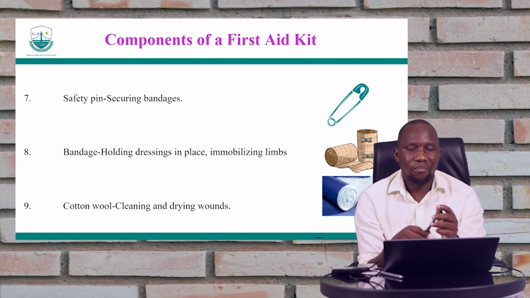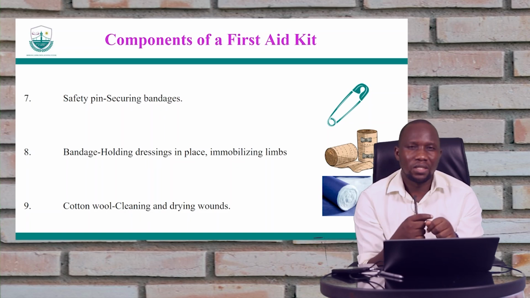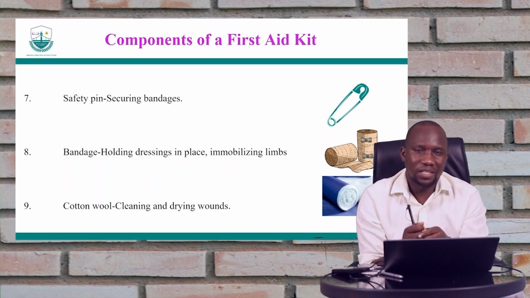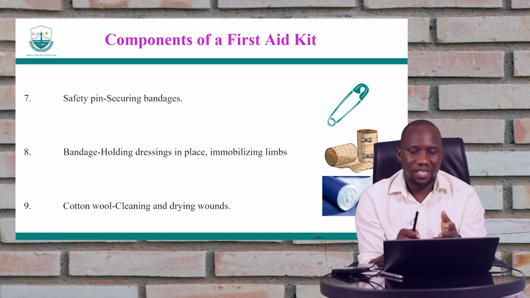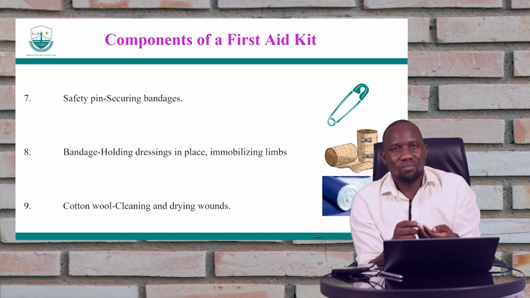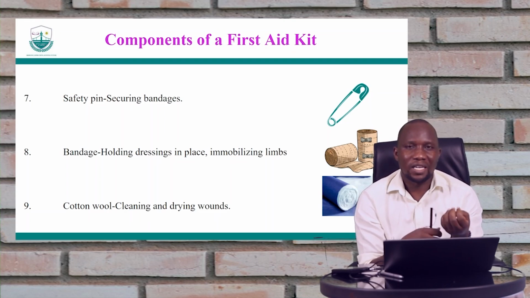And then we have the safety pin. If you tie the bandage around the wound, to secure that bandage, you can secure it using the safety pins like that. It is tight enough. The bandage is to hold, if you have a fracture, for example, it can be used to hold the other part in a stable position.